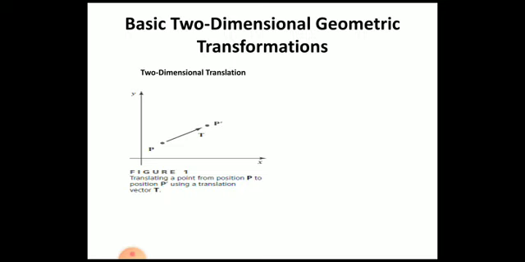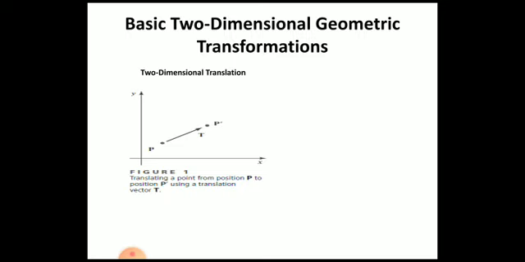Now we come to the two-dimensional translation. What is translation? In simple words, translation is nothing but the movement of a point from one position to the other position. To explain more, consider a point P with the values of x and y moved to a new position P dash with the values x dash and y dash.